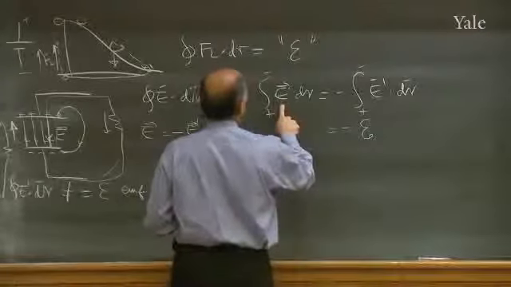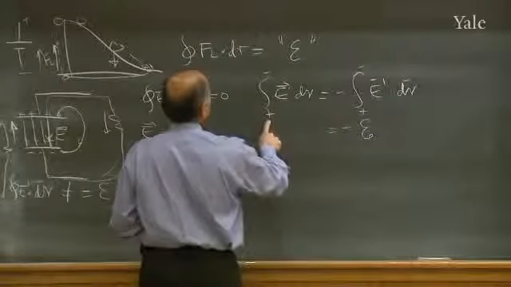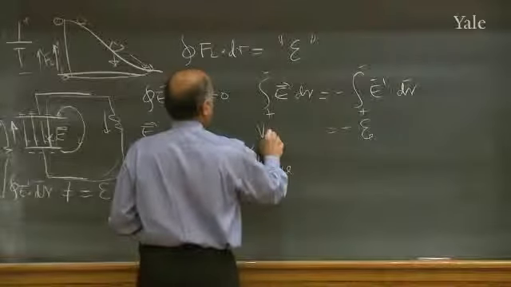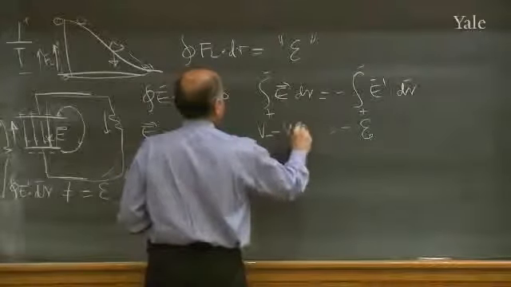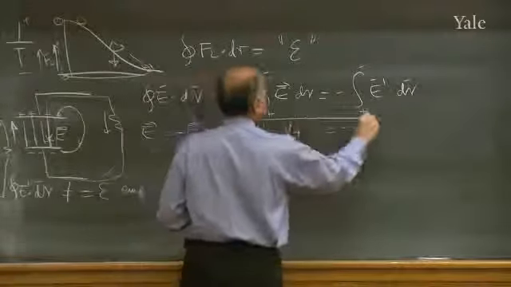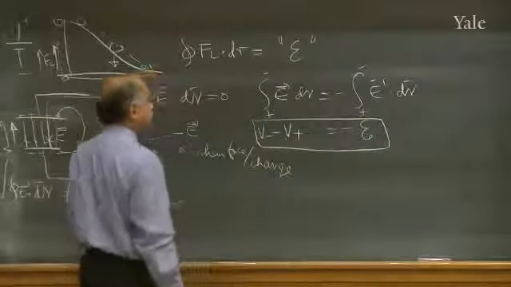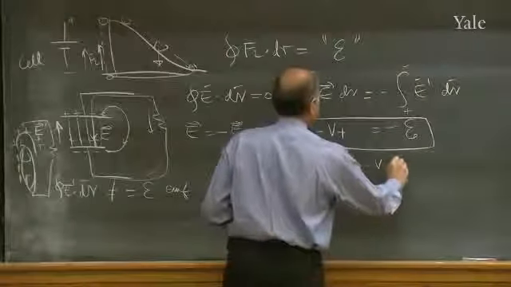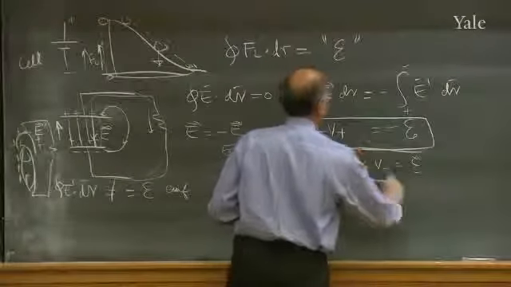But what is E dot dr from positive to negative terminal? That is simply equal to V minus minus V plus. Therefore, V plus minus V minus is the EMF.